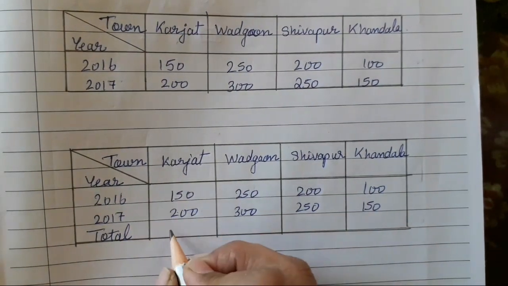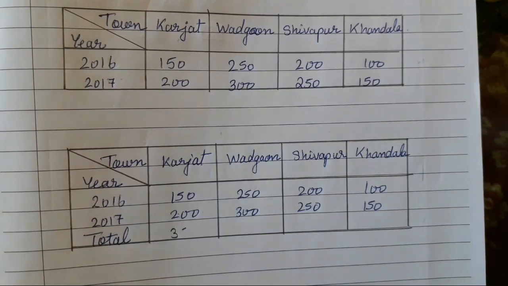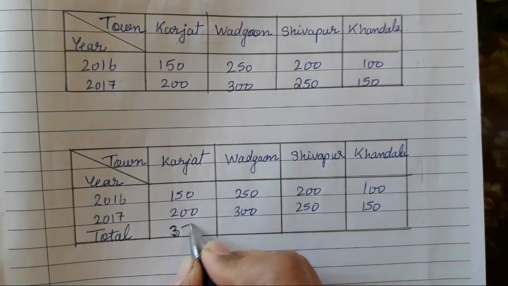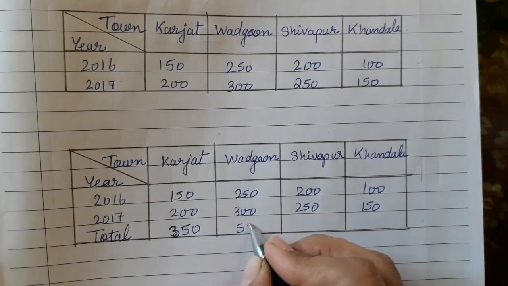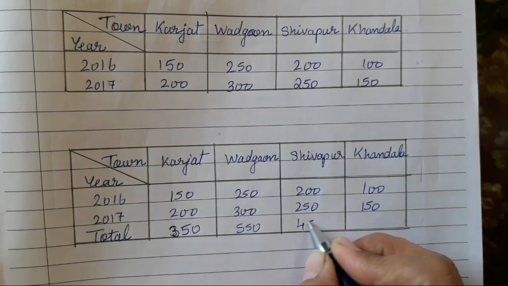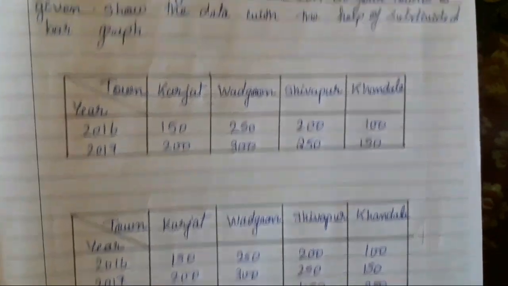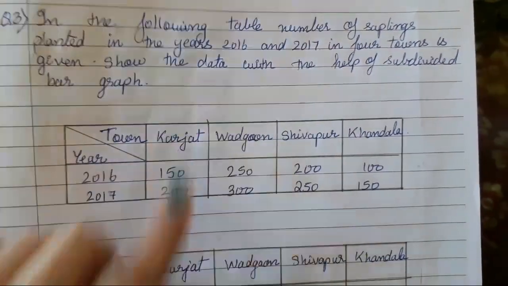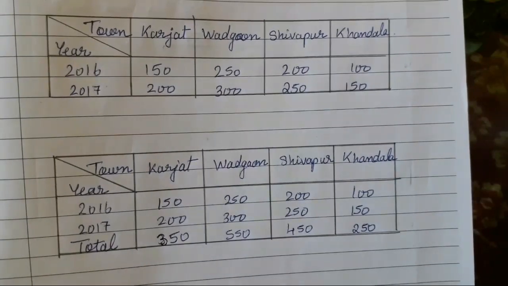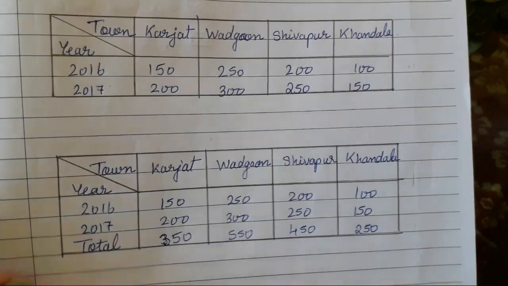So this is going to be 350, 550, 450 and 250. Children, over here they haven't given any scale. So while drawing it, you all can take any scale which is preferable for you.